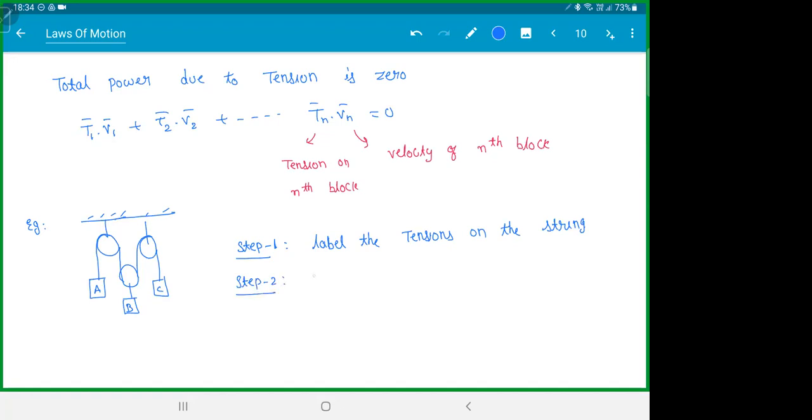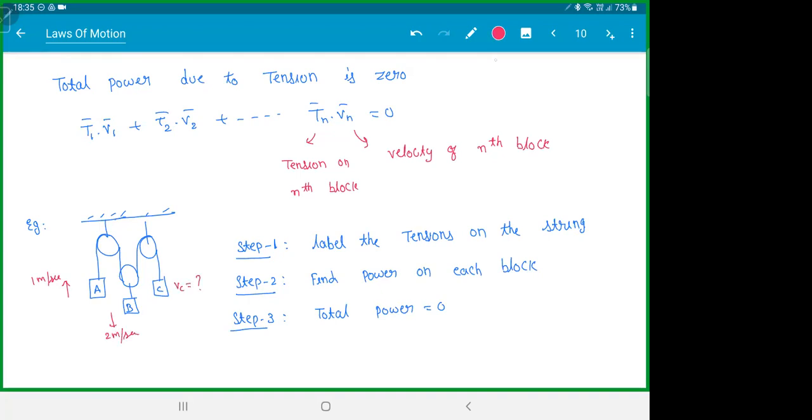Step 2: find power on each block, labelling the tensions and velocities. And step 3: total power should be 0. So let's say for simplicity, A is going up with 1 meter per second. B is going down with 2 meter per second. And VC, I don't know.